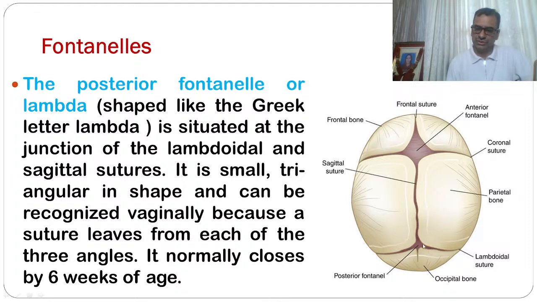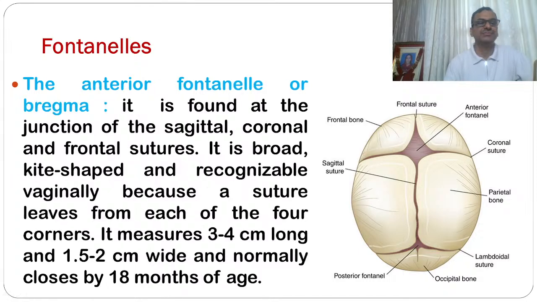During PV examination in vertex presentation, if we feel a triangular shape, it means it is the posterior fontanelle. Normally, the posterior fontanelle closes at the age of 6 weeks.